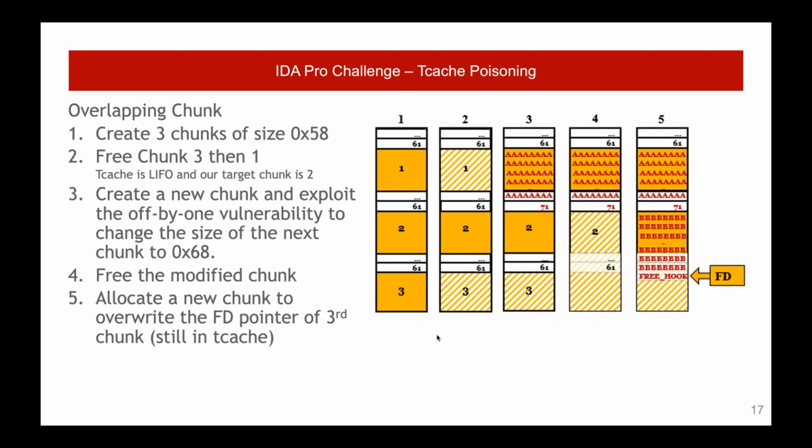But the allocator is not aware of what happened because it was a vulnerability caused by a validation, or the programmer wasn't careful enough when the user was entering data. So it allowed the attacker to write one more byte than it should, then allowing it to overwrite the next chunk's metadata. And once we have that, we can write to this new chunk, and we modify the forward pointer of the chunk that is currently in the tcache, allowing us to overwrite free hook. And if we call free again, then we might execute whatever is pointing there.